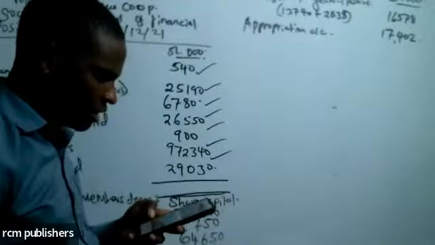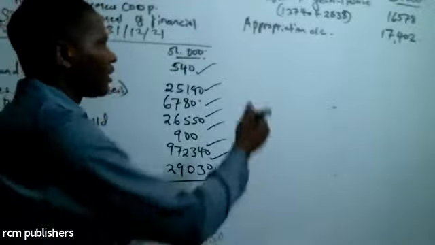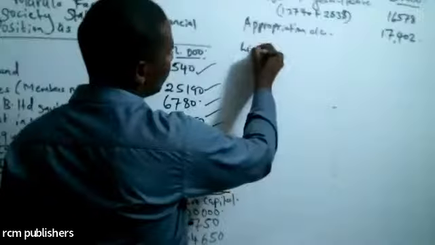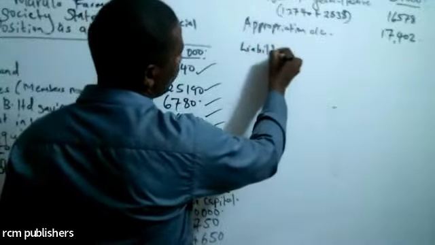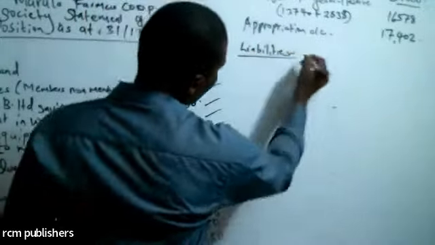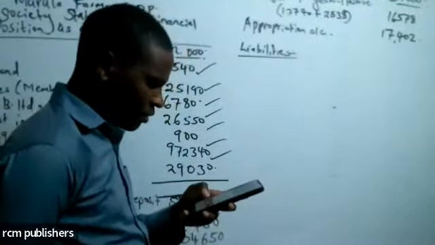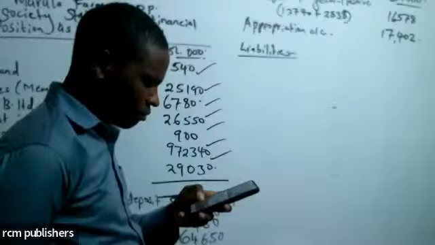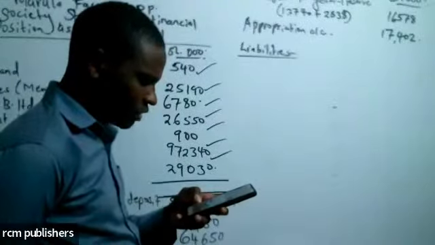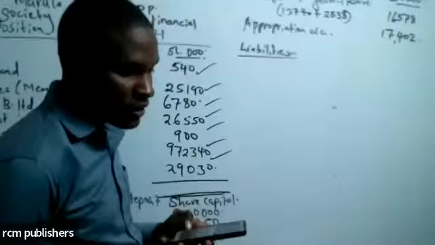So we can go to the liability. Liability, do not specify. Don't classify them. Liability, just put them. Liabilities mnazijua. Nipatie liability ya kwanza.